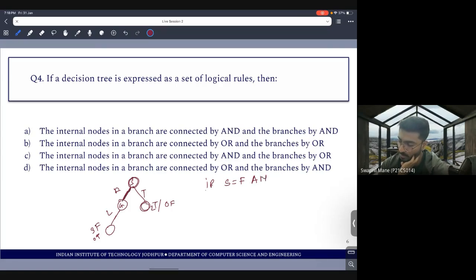And along with this, study is equal to false, and GPA G is equal to low, then what is the label? Then it is fail. Okay, so this we have done right now, right? It is fail here.